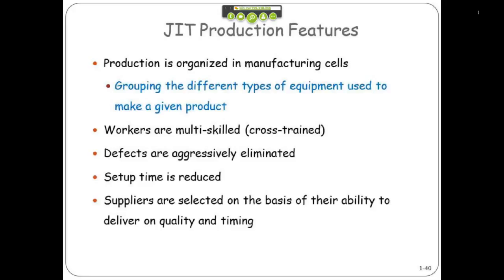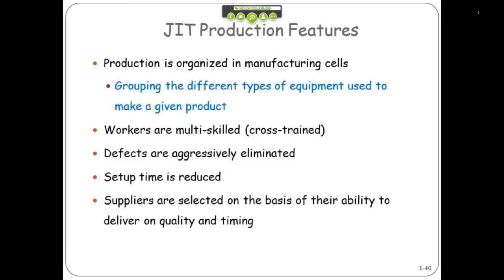You need to have workers that are able to get the job done in just in time, because there will be problems and you need to have people who can figure things out quickly. So you need to have cross-trained, highly skilled employees.